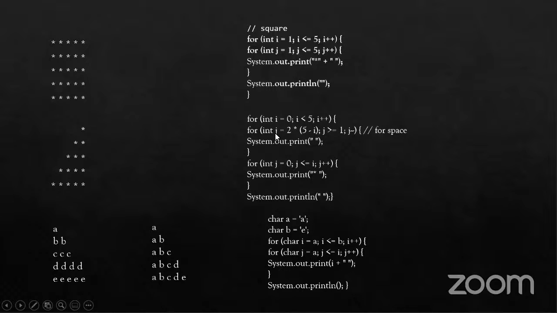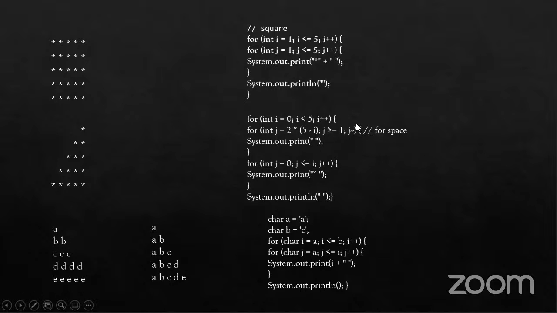The second loop is for how many spaces we need. The space calculation is 2 into 5 minus I, that is how many spaces we need in the first column. That is what we did in the second for loop.